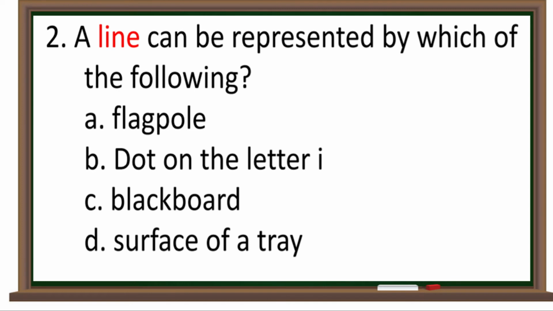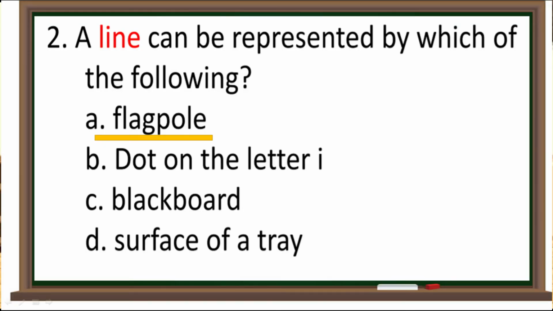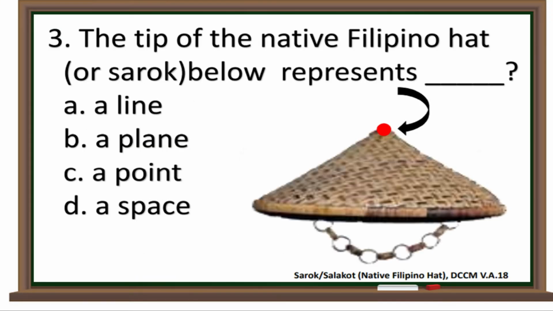Number 2. A line can be represented by which of the following? A. Flagpole. B. Dot on the letter I. C. Blackboard. D. Surface on a tray. The correct answer is letter A. Number 3.